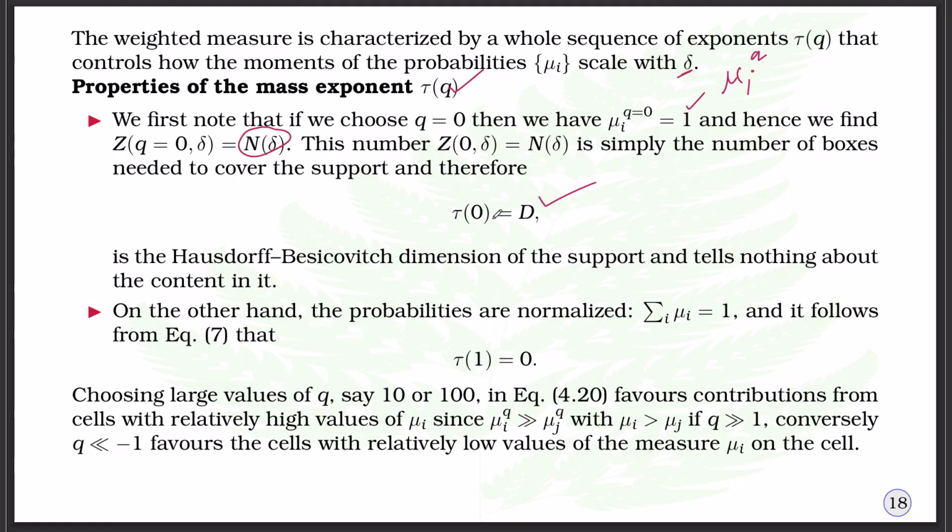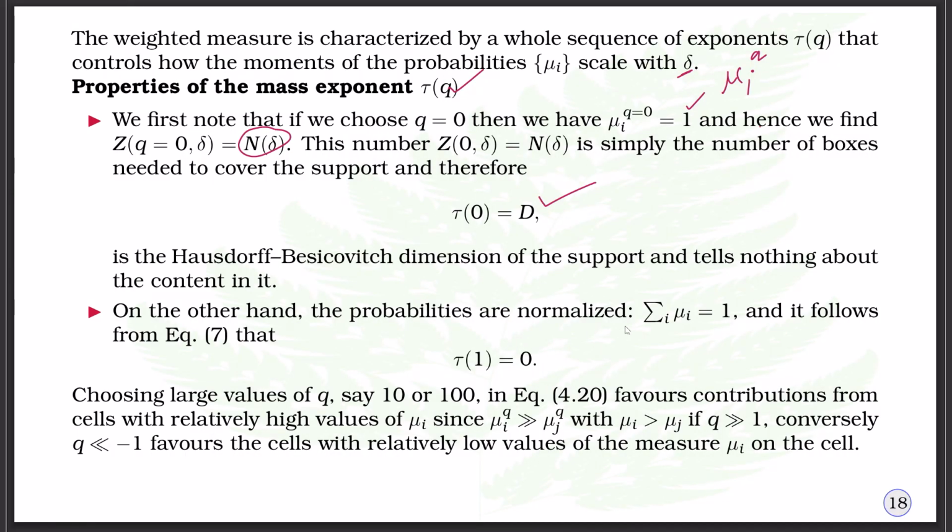Now if all the boxes are of equal size, then it is equal to the fractal dimension, because if you are using arbitrary boxes of diameter less than delta, then this will equal the Hausdorff-Besicovitch dimension. If you are taking equal boxes, then it will coincide with the fractal dimension, that means the box counting dimension.